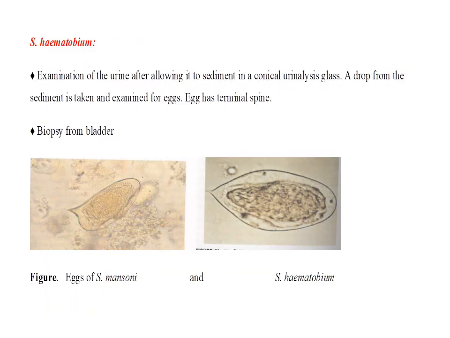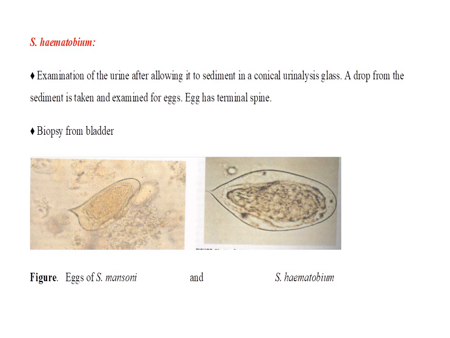Now about the laboratory diagnosis of Schistosoma haematobium. This species dwells in the veins that surround the urinary bladder and causes urinary bladder or vesical schistosomiasis, or bilharziasis. Diagnosis is done by examination of the urine, not stool.